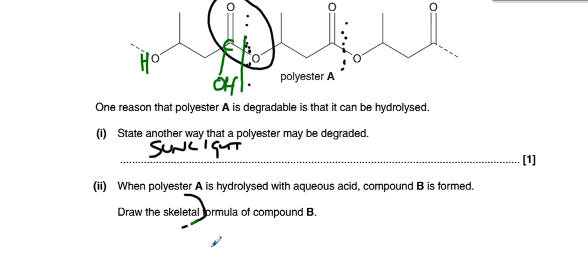So drawing this out in skeletal formula, we have the HO, joined to a carbon, and we're just repeating the molecule essentially, but then putting on the two OHs. So there you have your answer for that one.